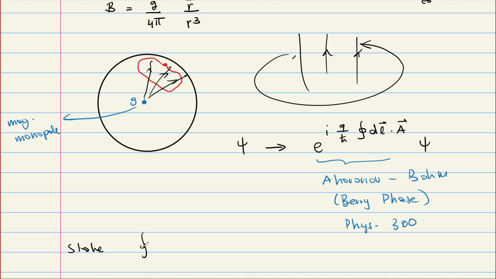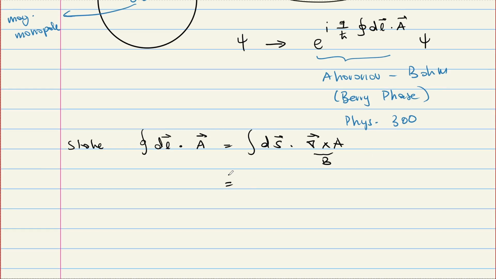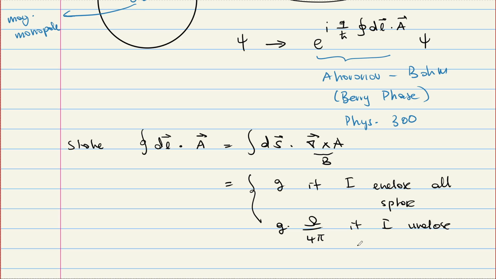So this loop integral of dl dotted onto A is going to be the surface integral of ds dotted onto curl of A, and curl of A is B. So this is equal to G if I enclose the whole sphere, and this is going to be G times omega over 4 pi if I enclose solid angle omega.